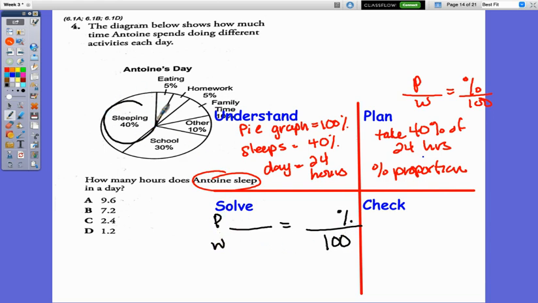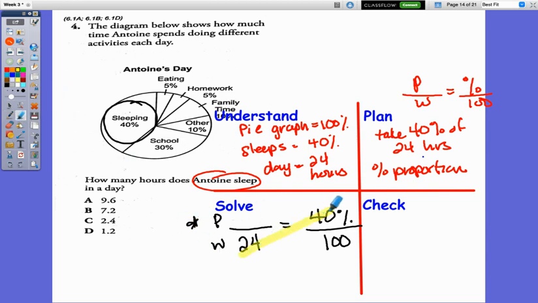And we're looking at this. Sleeping is part of the day. It'd be nice if it was all of the day, but we don't know. But it's 40%. I know a whole day is what, though? 24 hours. So I don't know the part. How many hours in a day does Antoine sleep? So I'm missing my part.